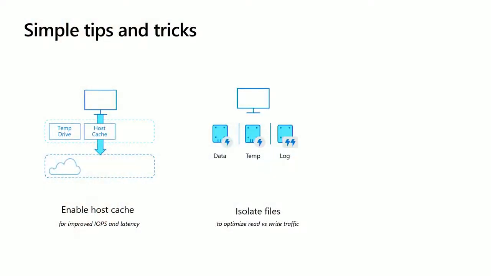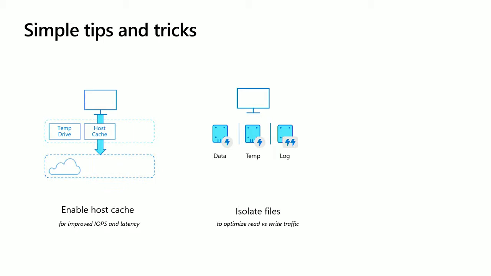Next up, isolate files based on your application characteristics. This is something that a number of people have been doing on premises as well, and this is something that you take with you to the cloud. If you have a database, for example, you will have data files which require low consistent reads, put them on premium with your host cache on.